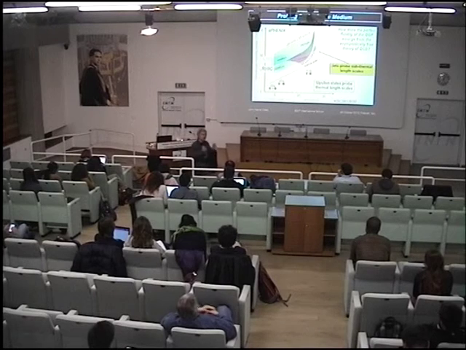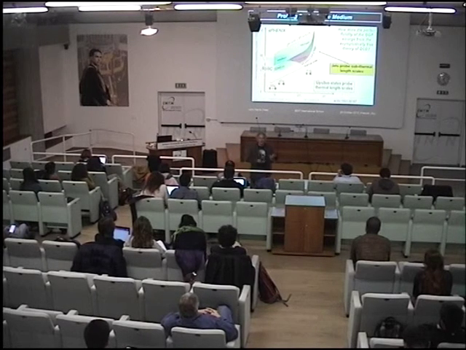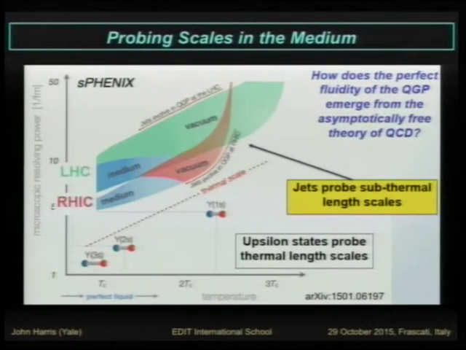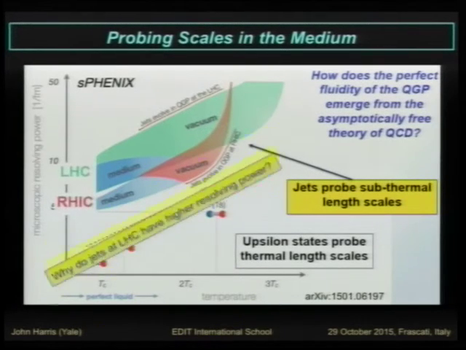Lower resolution because these states are big compared to a hard parton scattering. So the different size states of the upsilon actually will give you information down here at the thermal scale. So this stuff really hasn't been done at RHIC.